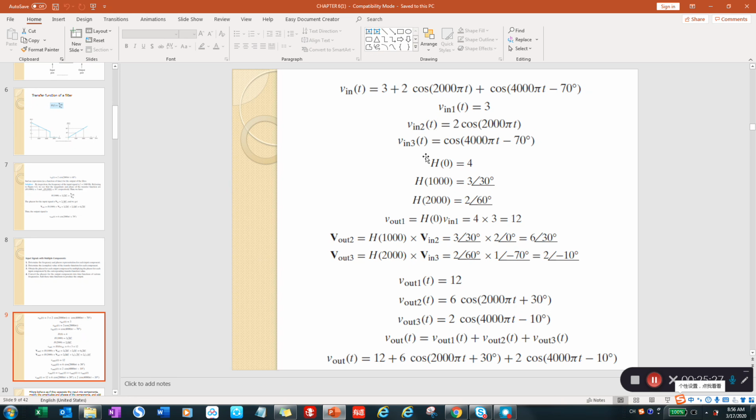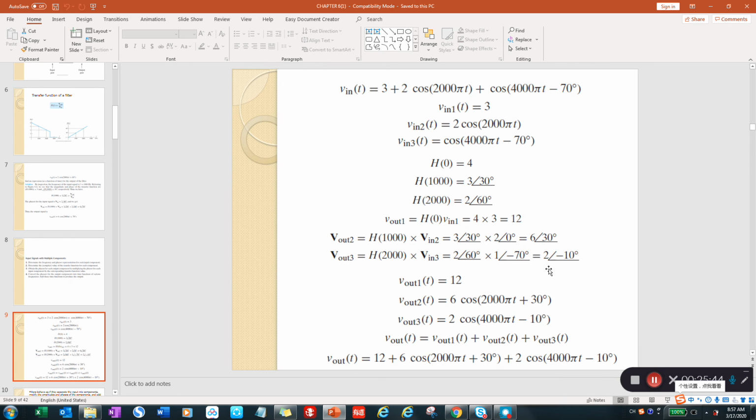You can see our amplitude of the third component is 1, and the phase angle is -70. So this is the -70 phase angle.